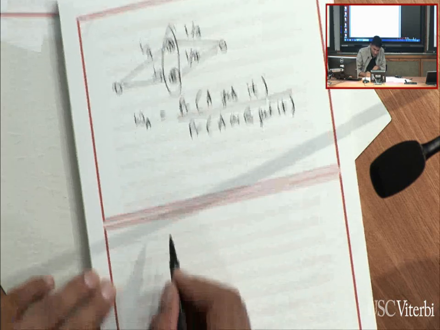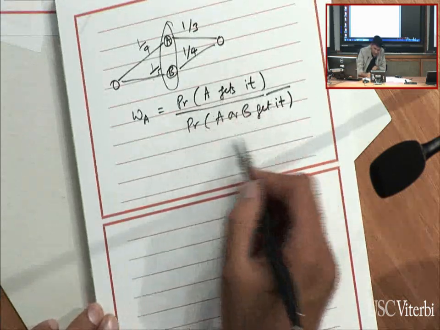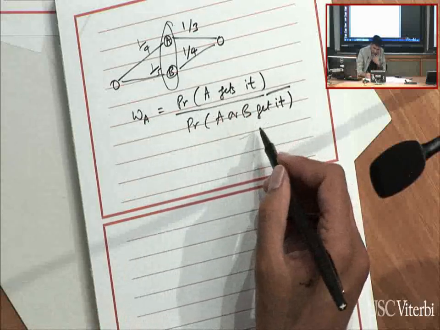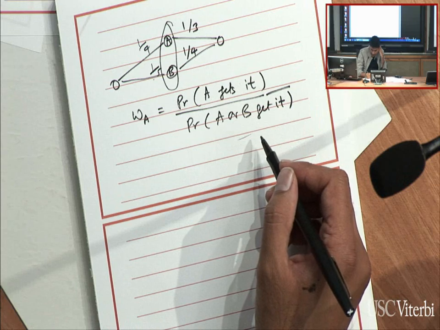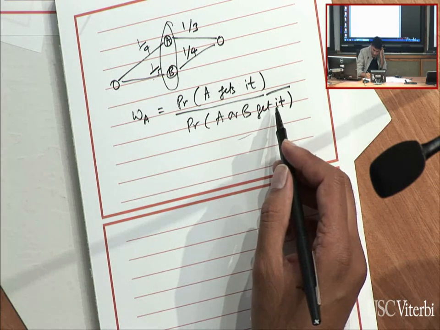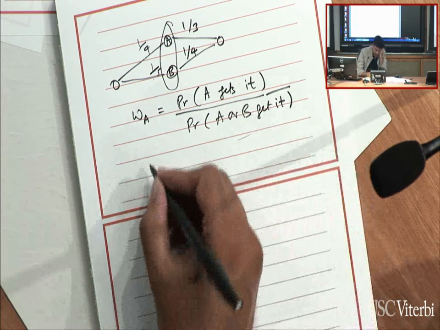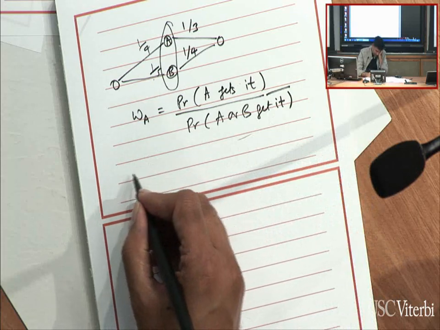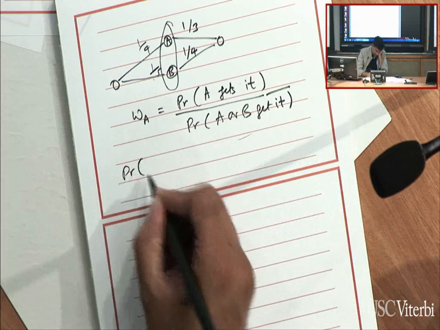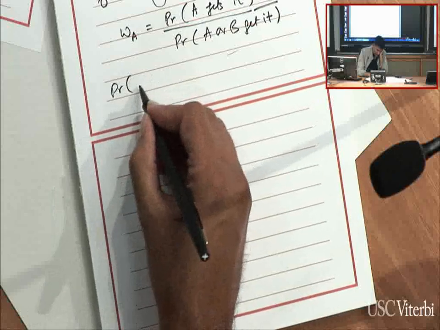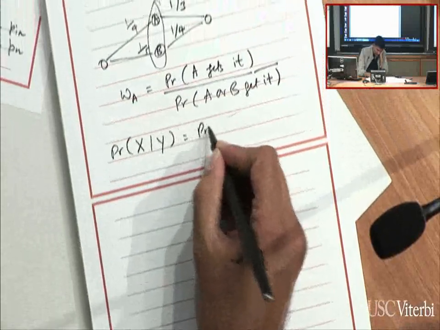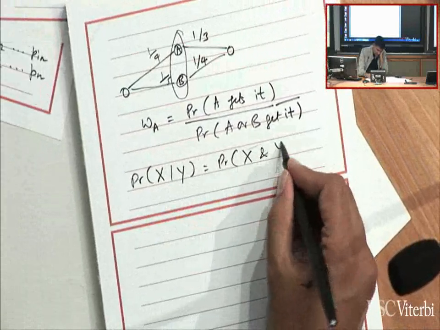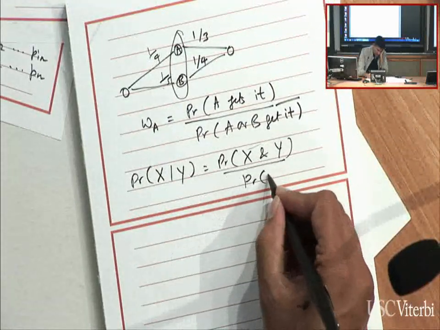We want to define two events, and we'll see that basically this is a conditional probability, and this term at the bottom is accounting for the conditioning. If you remember from probability, if you have some x given y, it's the probability of x and y divided by the probability of y.